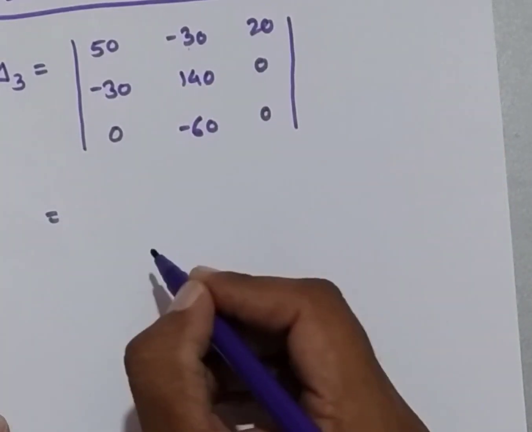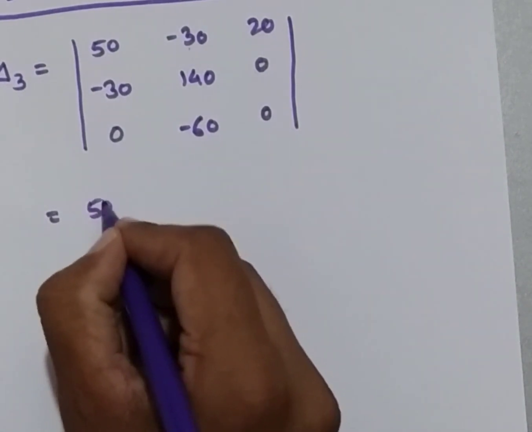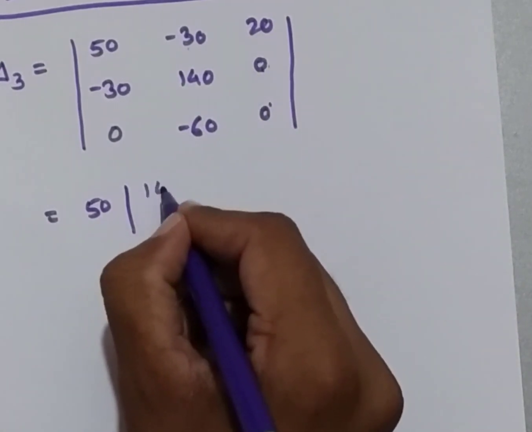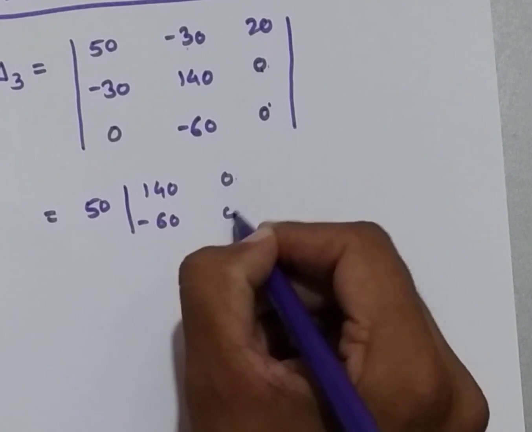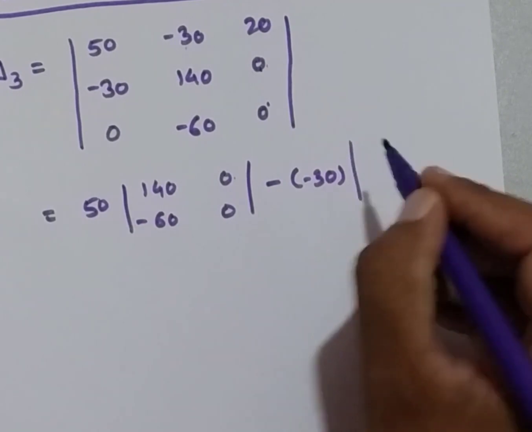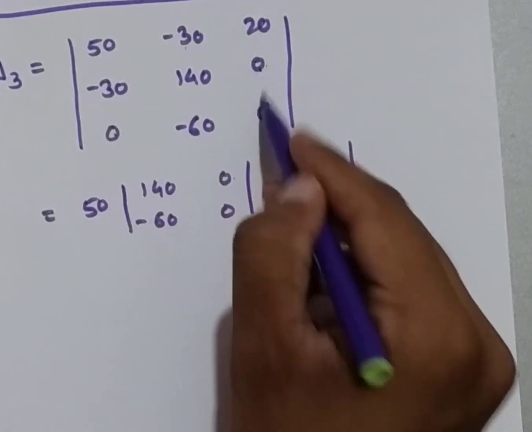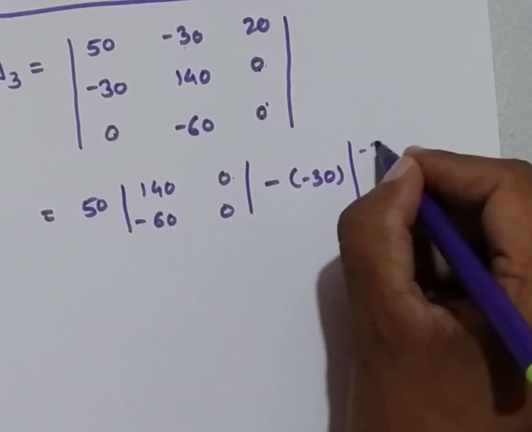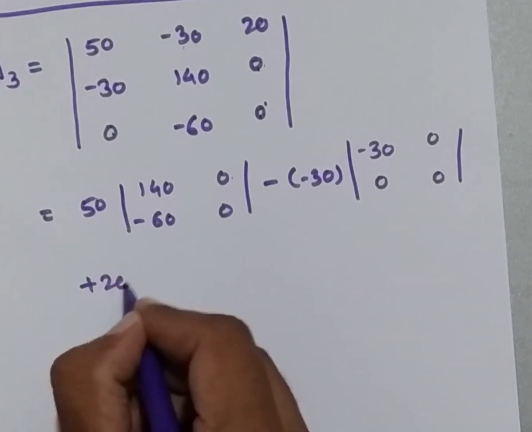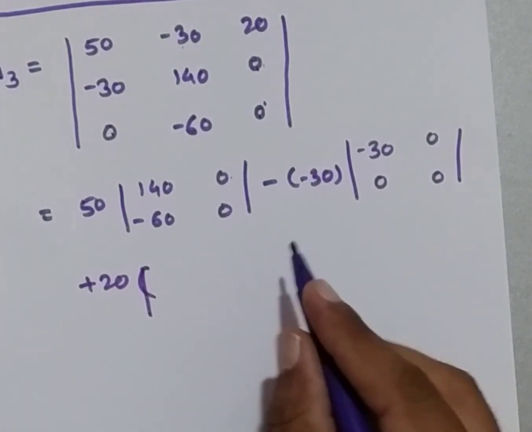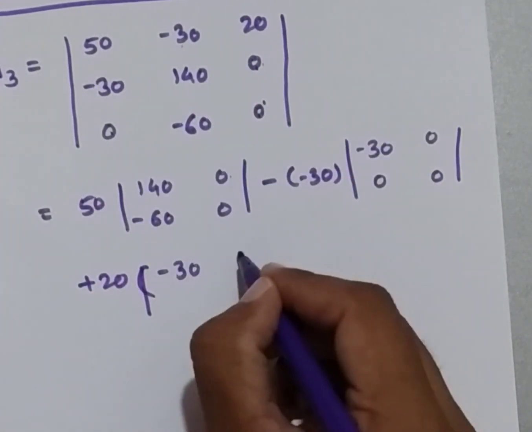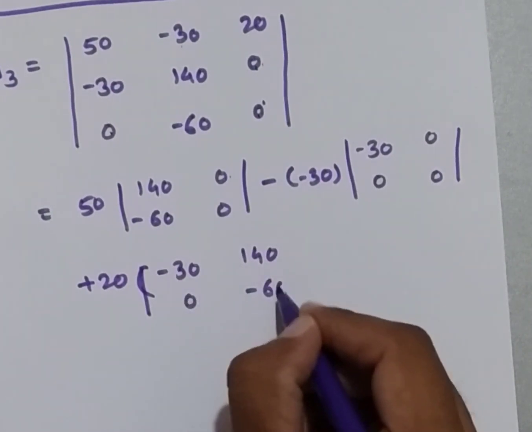Now find out the value. 50 into, again these two zeros are there, so it is going to become 0. Minus of minus 30 into the matrix. Again over here also these two terms are 0, so minus 30, 0, 0, 0, and lastly plus 20 into these four elements: minus 30, 140, 0, minus 60.